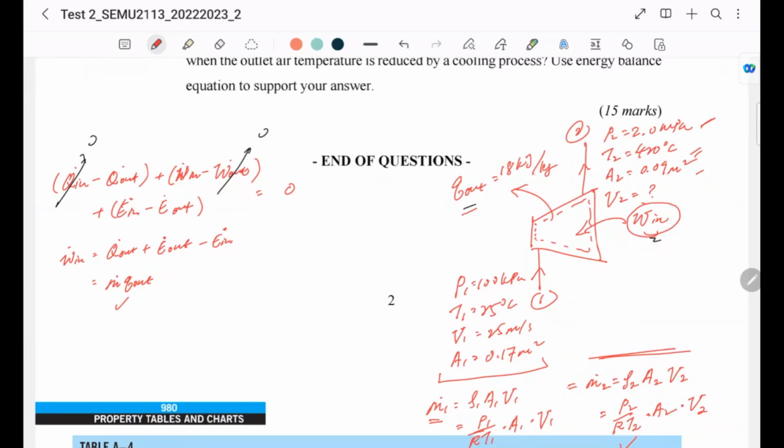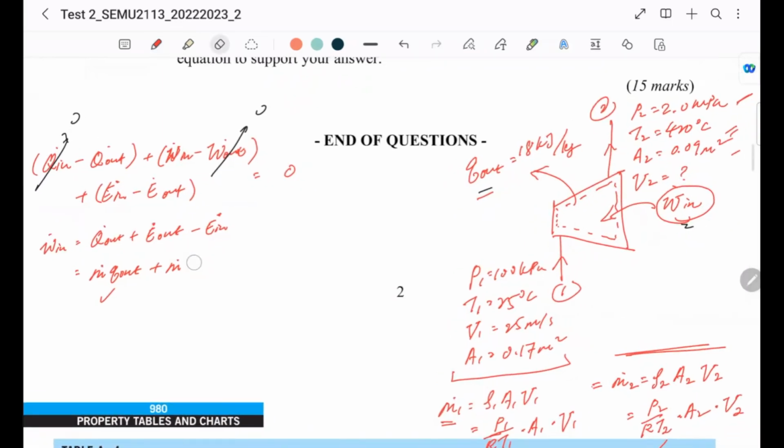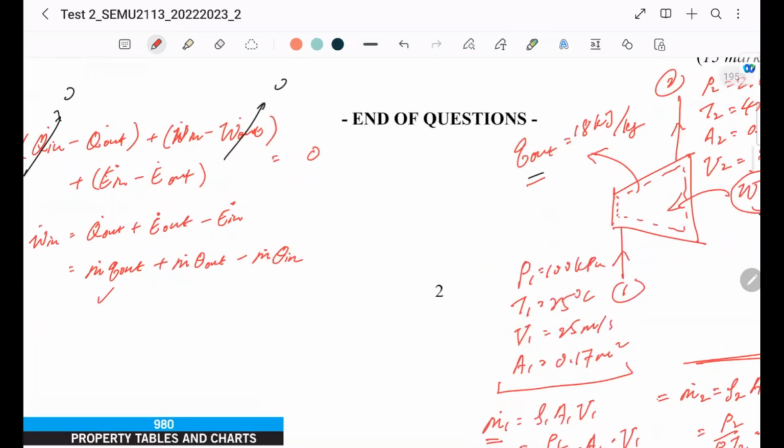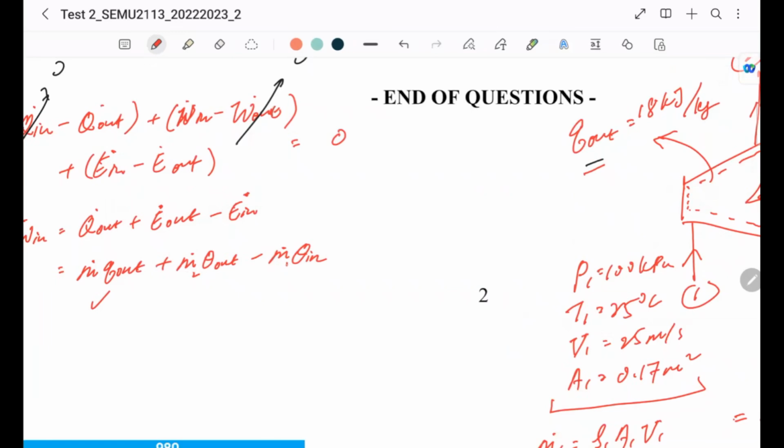So this one, no problem. Plus m dot h, I'll write it as theta first. By the way, the in is 1, this is 2, but we know that the mass flow rates are the same, so we can just write it as m dot.